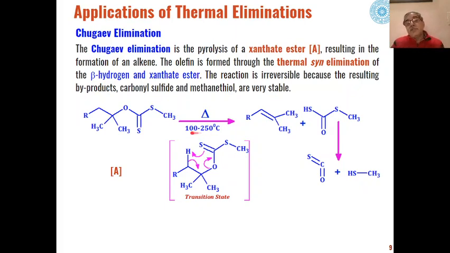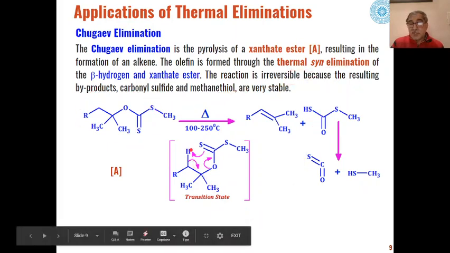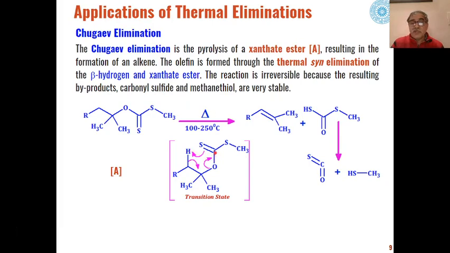When these are heated at a temperature from 100 to 250 degrees centigrade, these xanthate esters, through thermal syn elimination, lose the beta hydrogen from here and the xanthate ester part from here, and they are eliminated to give us alkenes as the product.